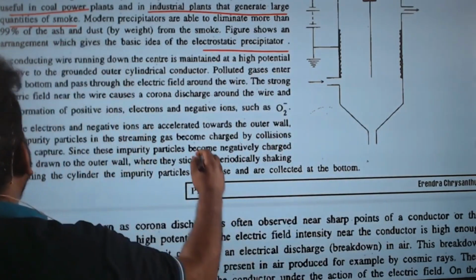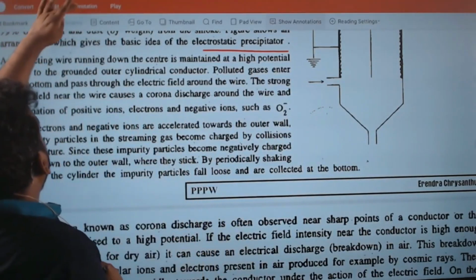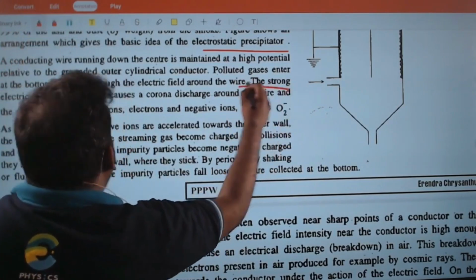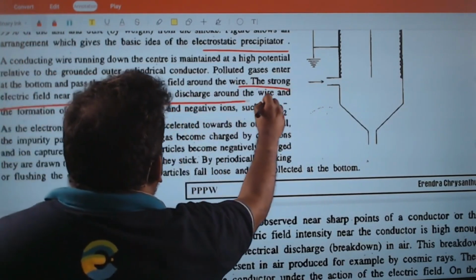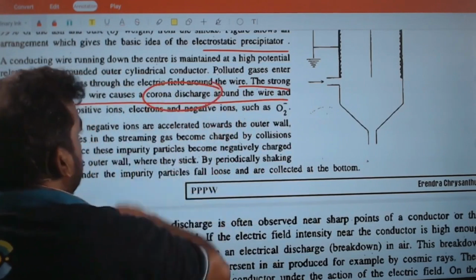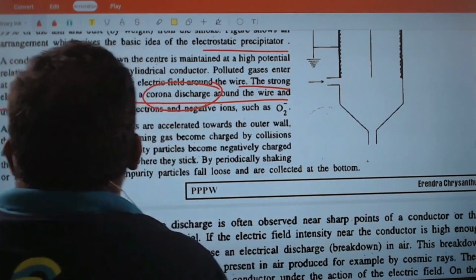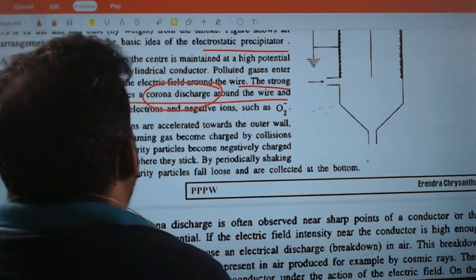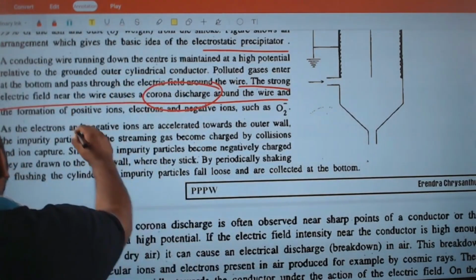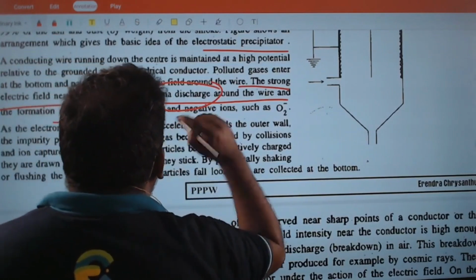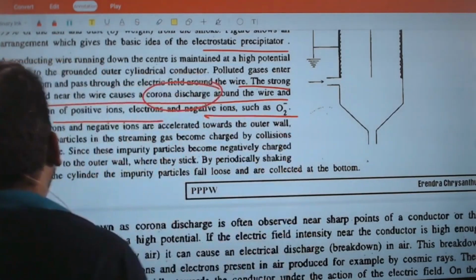The strong electric field, now look very carefully, causes corona discharge around the wire, and the formation of positive ions, electrons and negative ions such as O2 minus.